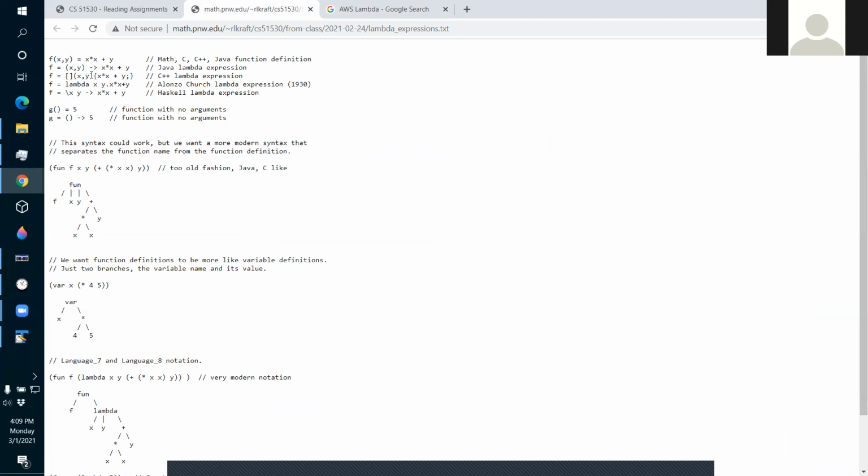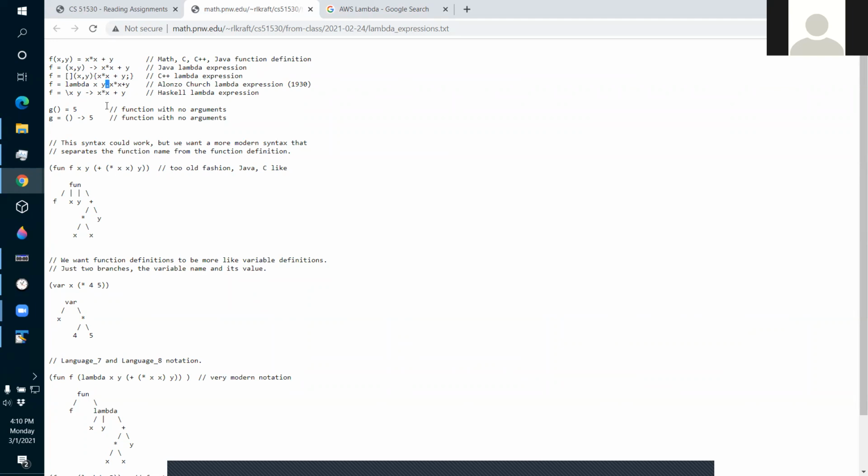C++ doesn't use an arrow. They use square brackets to represent the lambda, except it's not really representing the lambda because you can put things inside those square brackets. You can annotate the lambda expression with stuff inside them, so it's not an empty thing. But you read it as lambda xy, and there's the output.